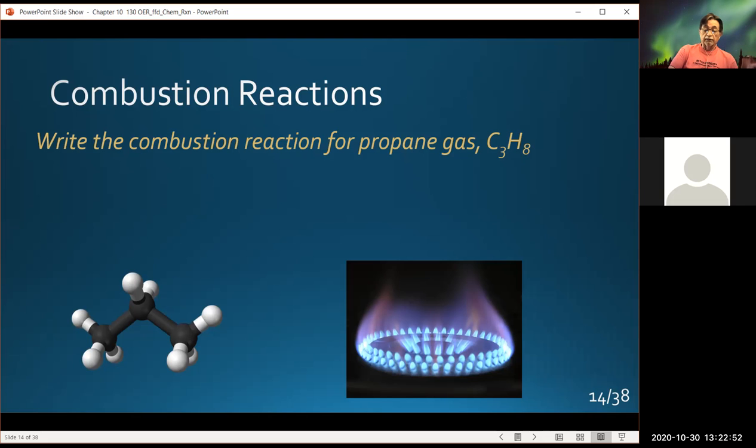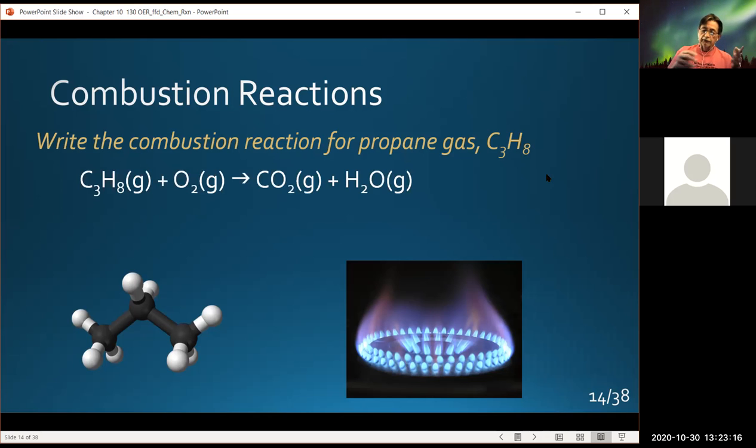It's a combustion reaction, so a reactant you need is oxygen, remembering that oxygen is diatomic, so the formula for oxygen is O2. And for any combustion reaction of a hydrocarbon, the only 2 products are carbon dioxide and water. With that information, you can write the formula for the combustion of propane. That is the formula for propane. So next time you're out there cooking your hamburger, think of C3H8.